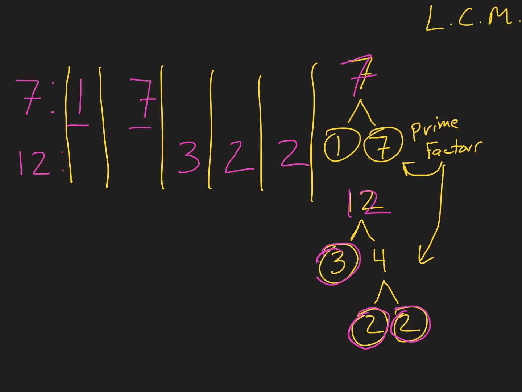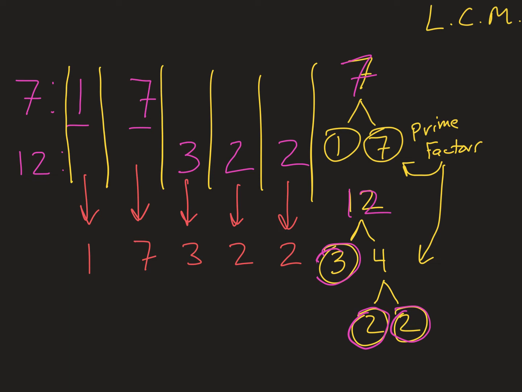From these columns, I'm going to bring down the number that is in that column, and I'm only going to write it once. So there's a 1, a 7, a 3, a 2, and a 2.